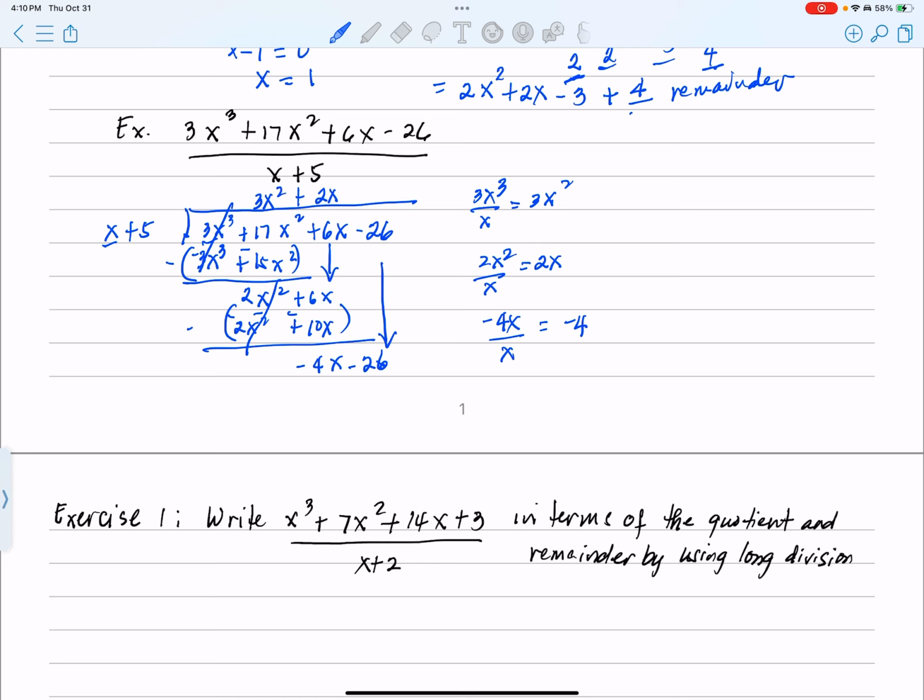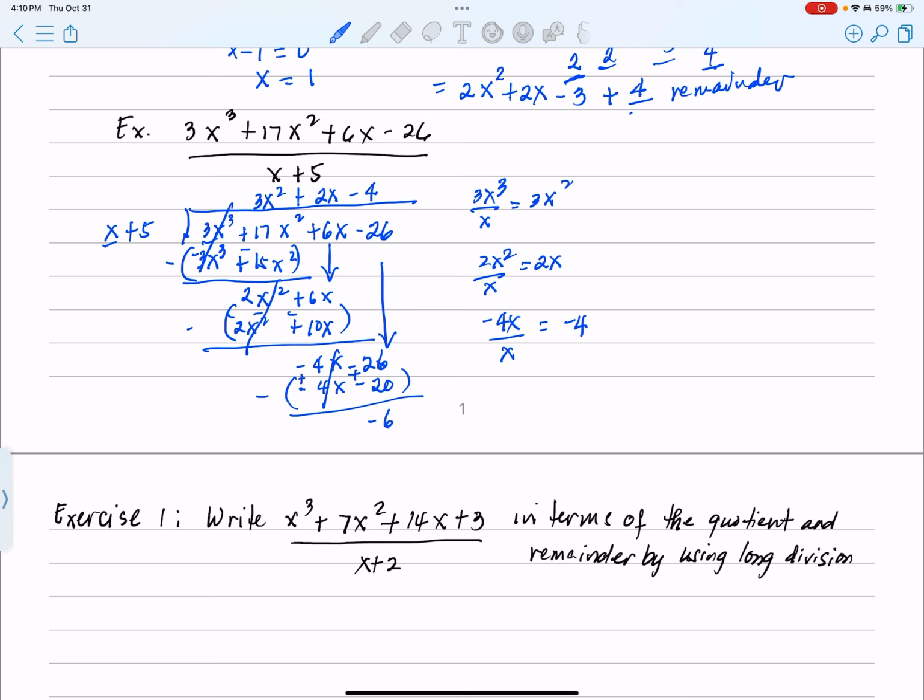So you have a negative 4 there. Negative 4 times 5, that's negative 20. Subtract. Change the sign. So negative 26 plus 20, that is negative 6.